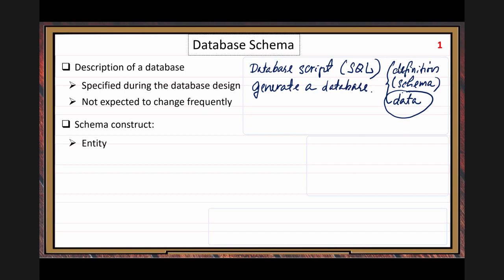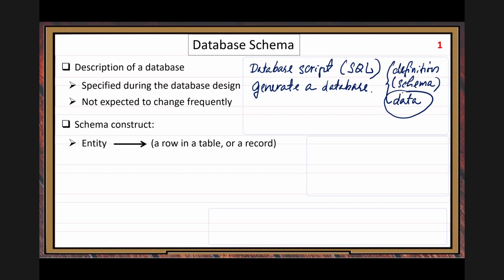Employee is an entity. Employee. So the first name, last name, so all the basic information we want to have for that employee, entity.